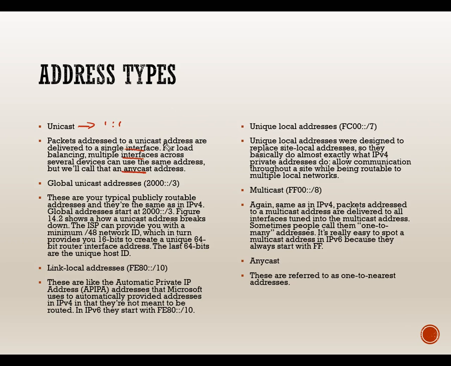An anycast is a new thing. Anycasts are referred to as one-to-nearest addresses. What the system does with the anycast is determine which of these multiple devices that have the same IP address is the closest, and then it will send the traffic there.